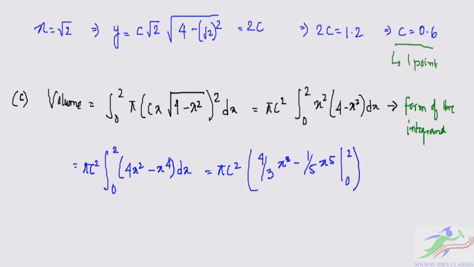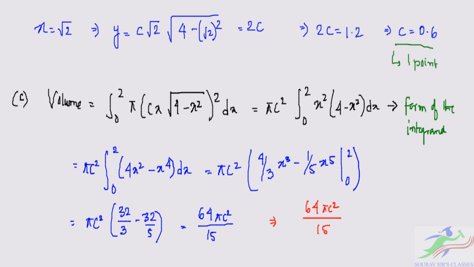Now solving this particular value, we will get pi c square times 32 by 3 minus 32 by 5, which will be 64 pi c square by 15 is equal to 2 pi.